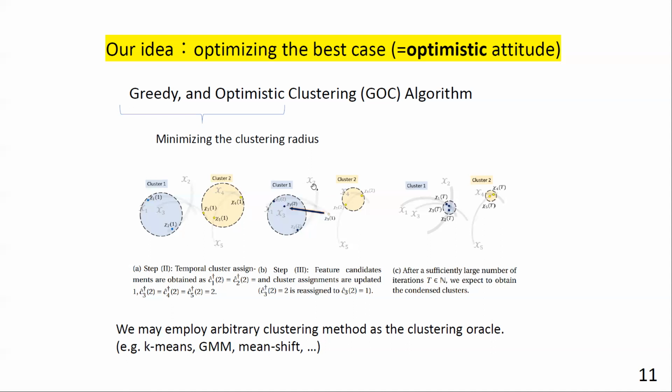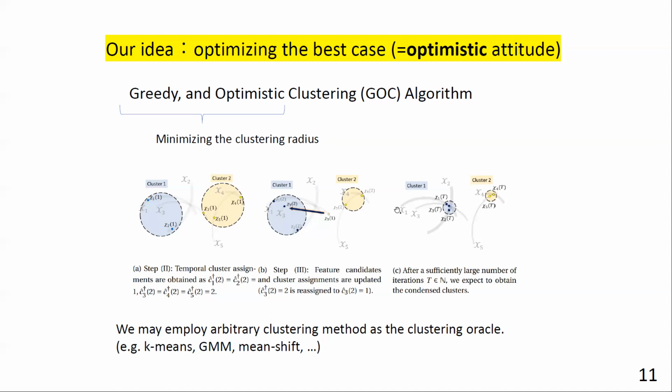Then we update the feature representative in each uncertainty set so that the minimum distance from the members of uncertainty sets to the center of clusters is minimized. Here, the feature representative of star 3 is reassigned to near cluster 1. Then we again apply the clustering algorithm and we obtain new clusters. Then we repeat these steps.